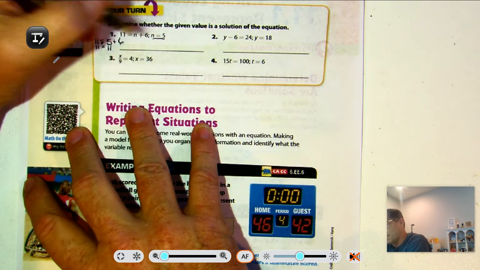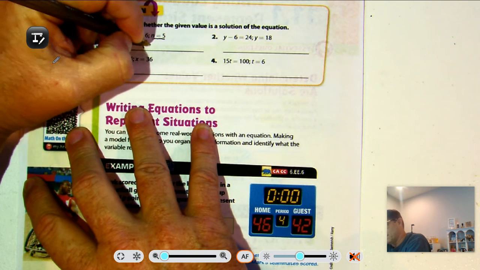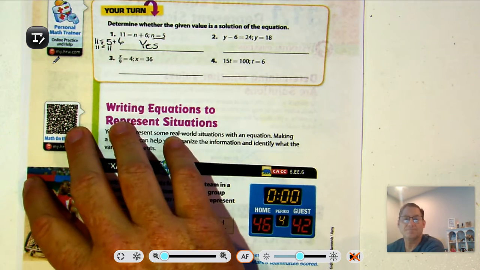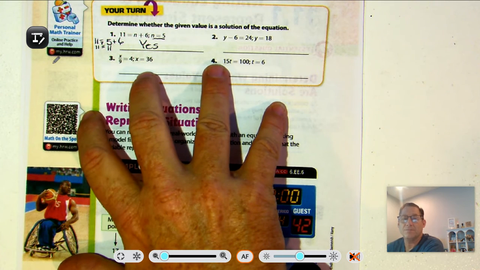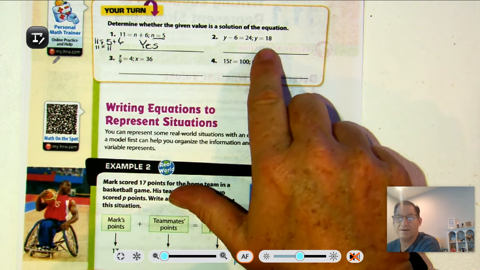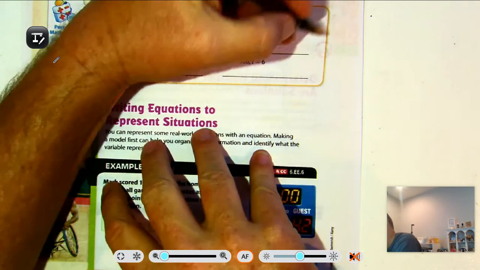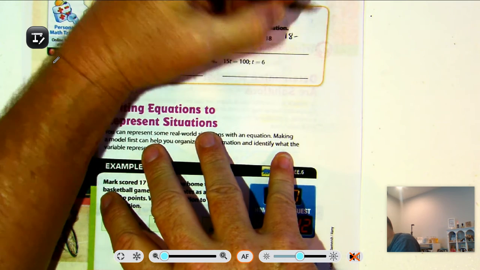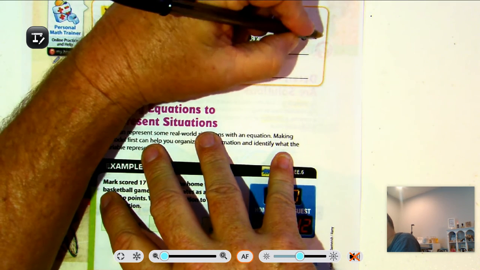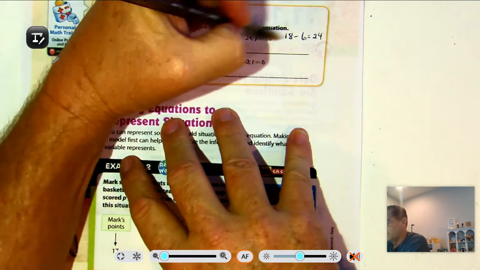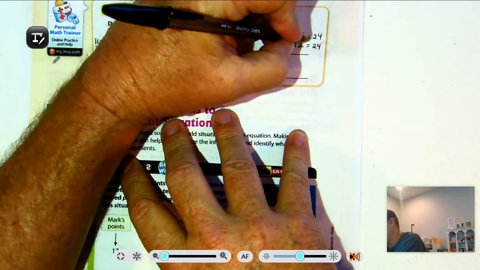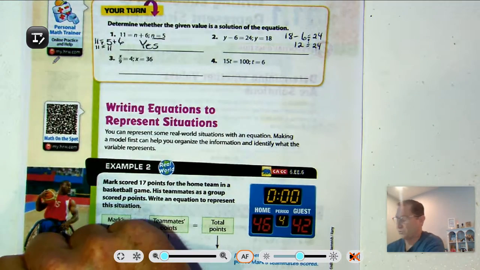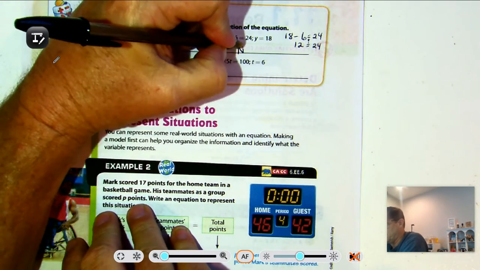So yes, it's a solution. Number 2, some number minus 6 is 24. And they want us to substitute 18 for y. So 18 minus 6, we're going to take away 6, and that gives us 12. Well, 12 doesn't equal 24, so no, it's not a solution.